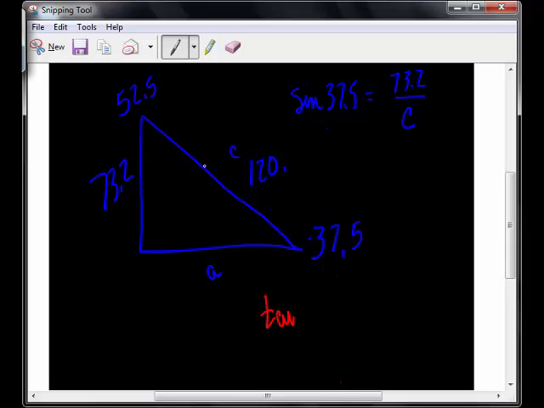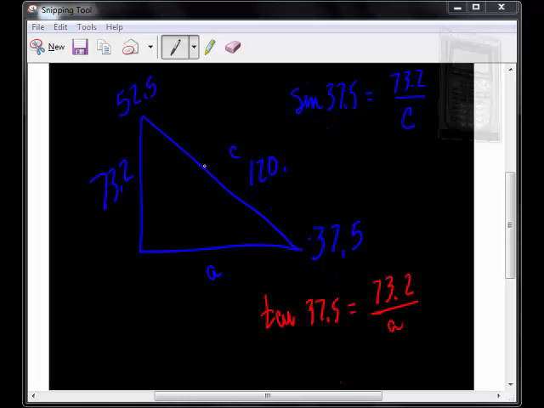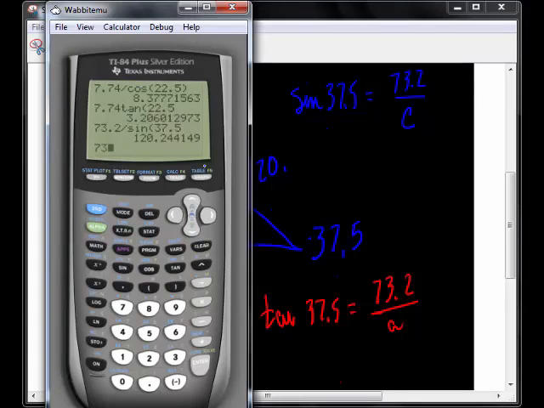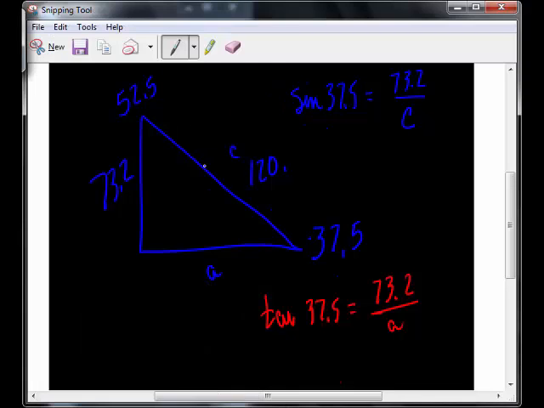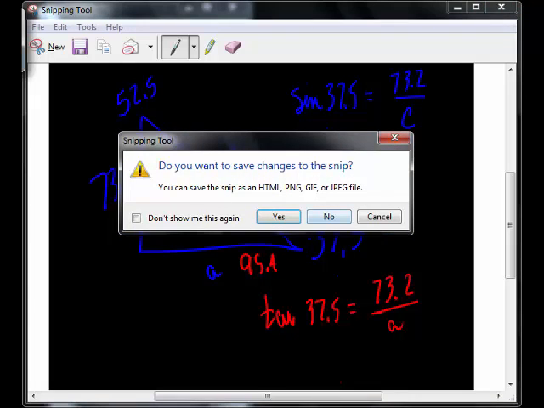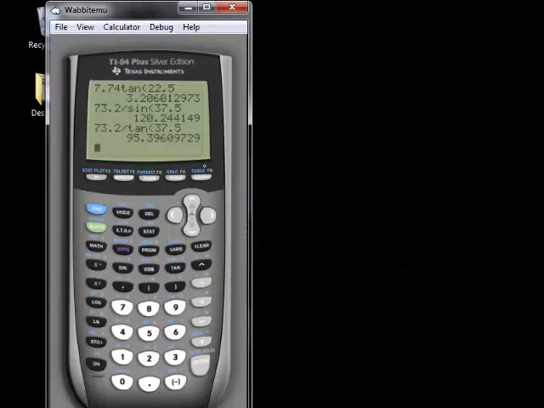Tangent 37.5 is 73.2 over adjacent side. Do the same thing again. 73.2 divided by tangent 37.5, and I get 95.4. 3 sig digs. Next one. Number 8.